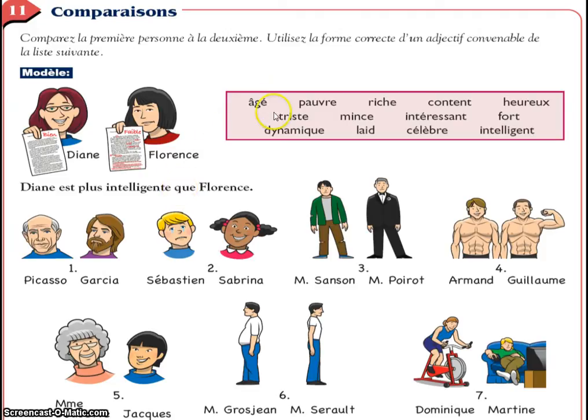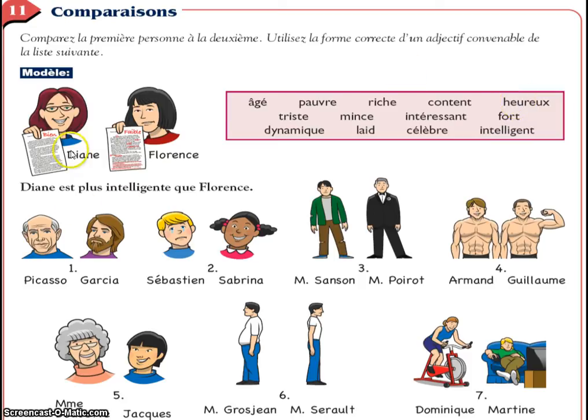All right, âgé means old, pauvre, poor, riche, you know it, content, happy, heureux, happy, triste, sad, mince, skinny, intéressant, interesting, fort, strong, dynamique, dynamic, laid, moche, okay, célèbre is famous, intelligent. This is a cognate, just like intelligent.